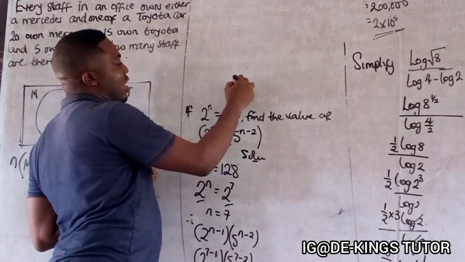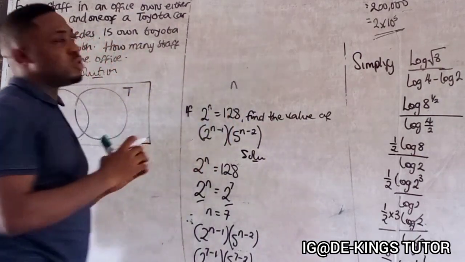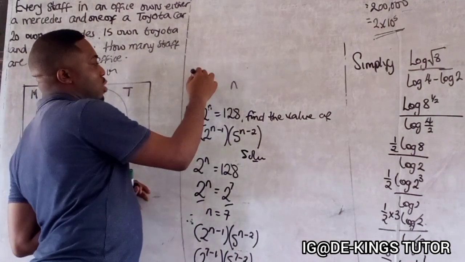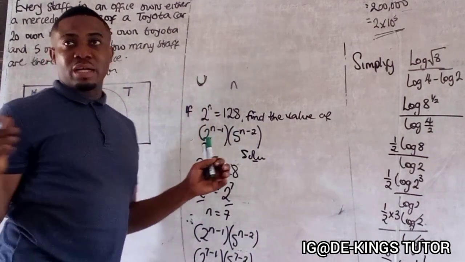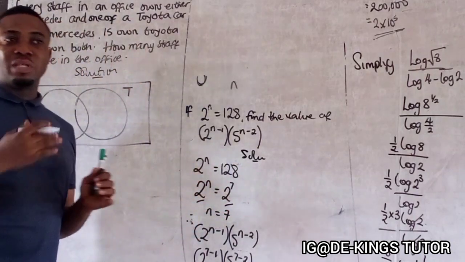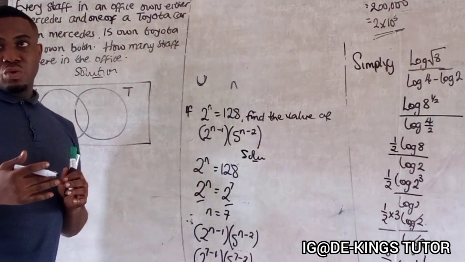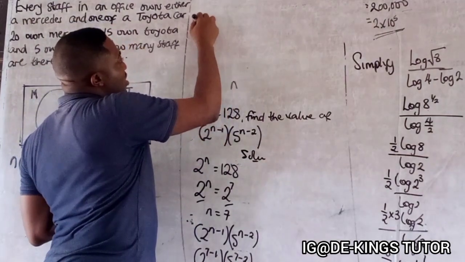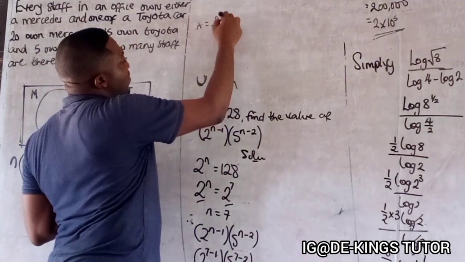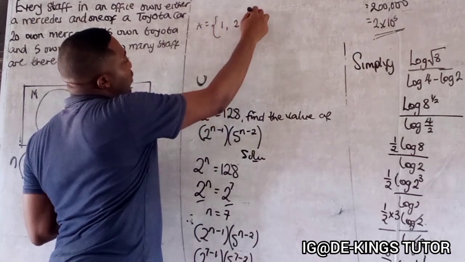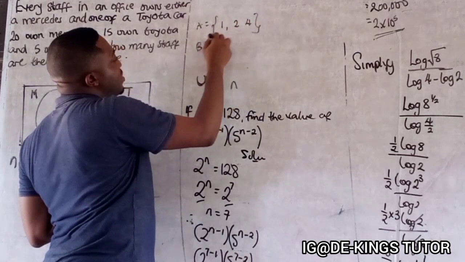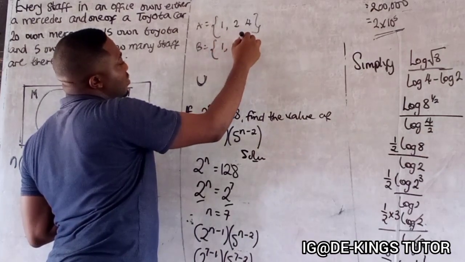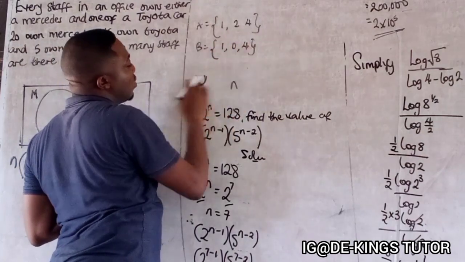Intersection is what is common to 2 sets, while union, which is represented as this, is the collection of both sets without repetition. For instance, let's say set A is 1, 2, 4, and set B is 1, 0, 4.